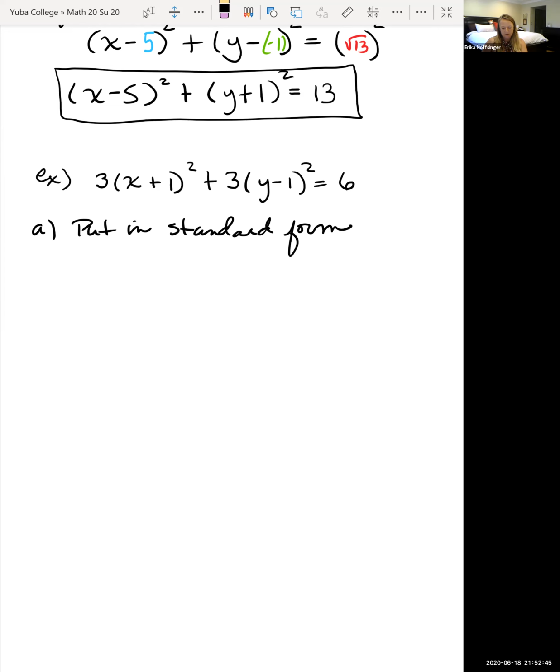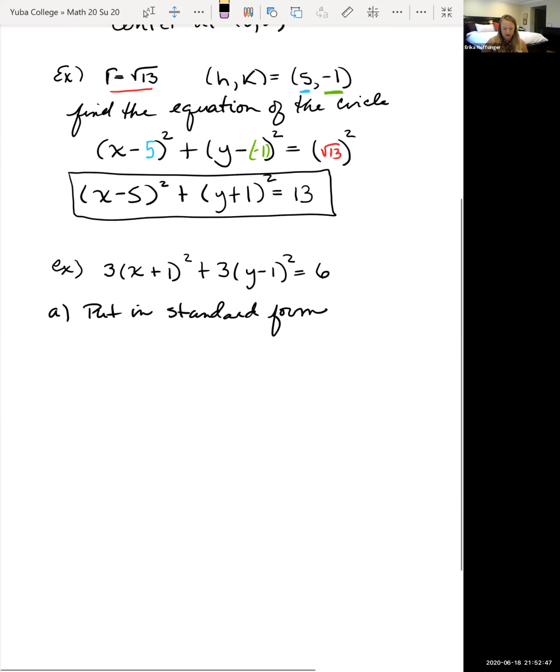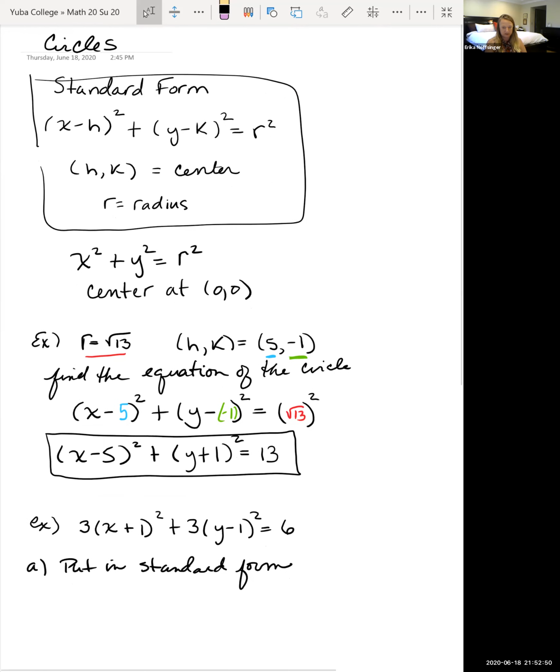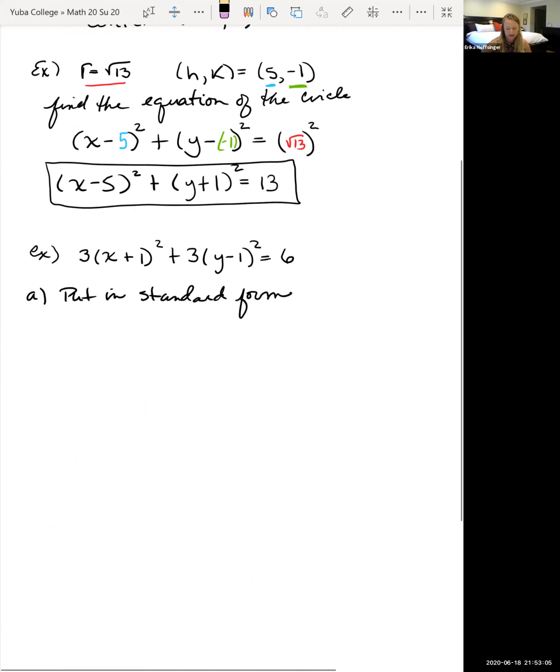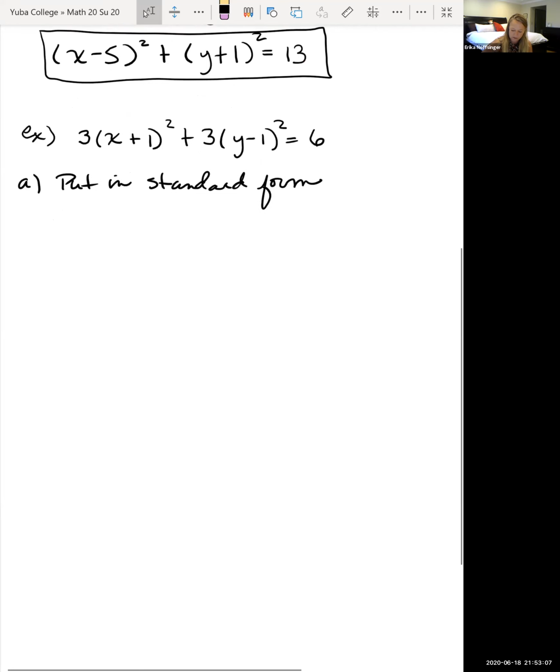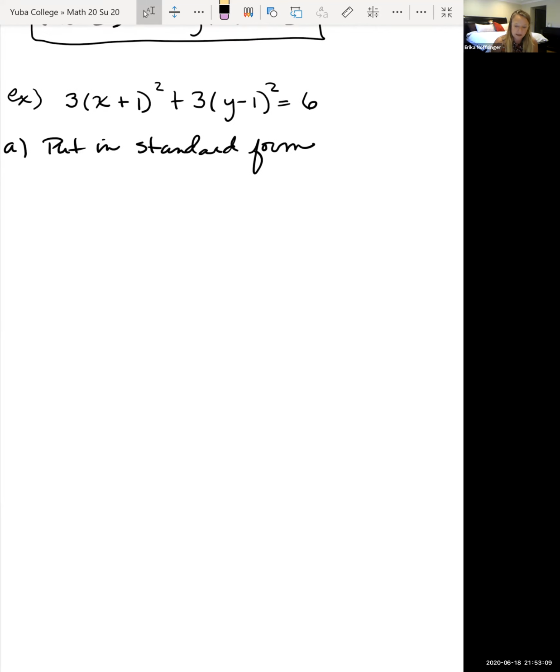So that standard form, if we look back there, notice that there's no coefficient, well, a coefficient of 1, other than that 1 that is in front of those quantity squares. And in our equation that we're looking at now, in our example, we have a 3 in front of both the quantity squares. And so it's almost in standard form. We just need to get rid of those 3's in front of x plus 1 quantity squared and y minus 1 quantity squared.